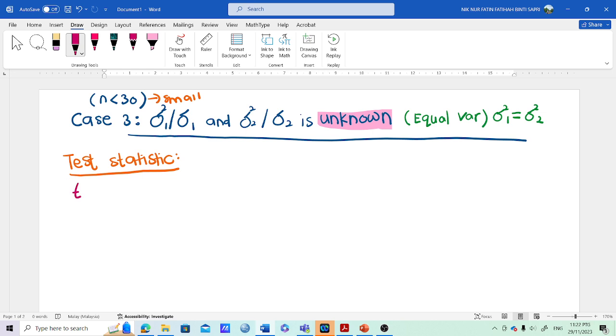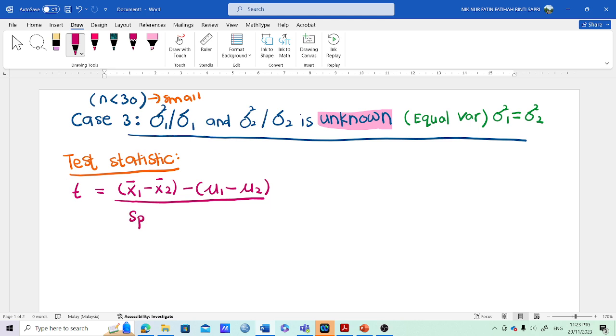The t statistic or t test can be calculated as the sample mean from group 1 minus the sample mean from group 2, minus the population mean from group 1 minus the population mean from group 2, divided by SP.